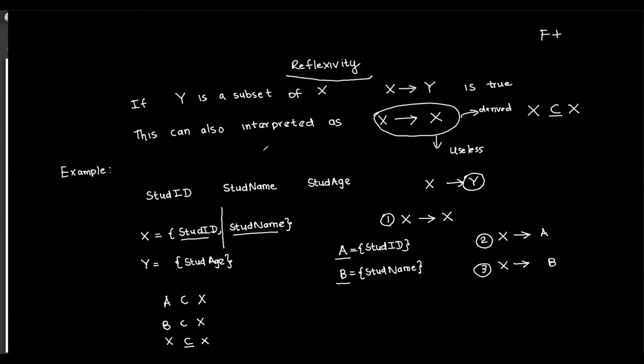I think you get an idea where we are going with this. Similarly, I will be introducing the second axiom, which is augmentation, and then the third axiom, which is transitivity. I will explain the definition again, and then I will explain it with an example so that we can come to a clear understanding of how we can apply Armstrong's axioms.